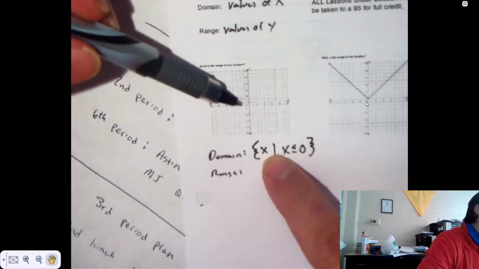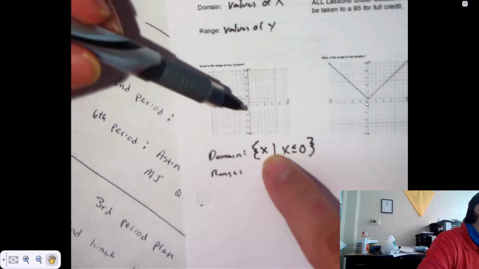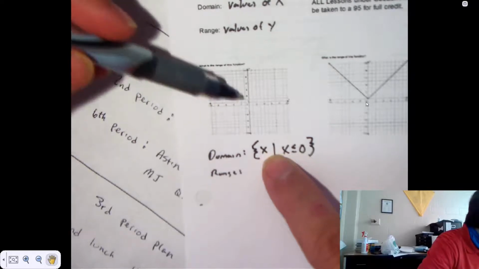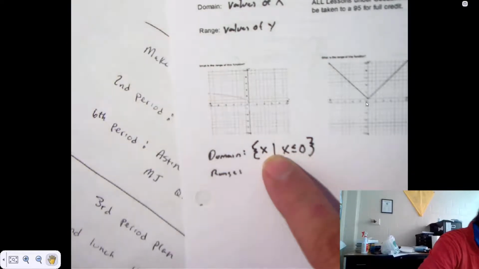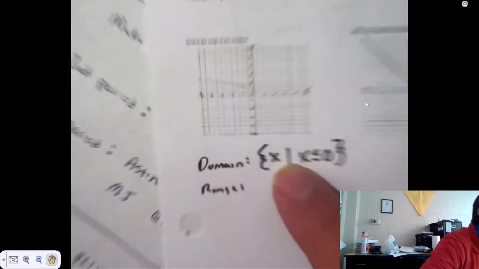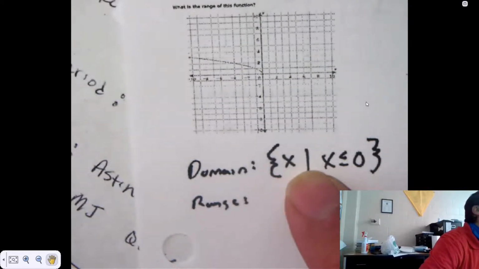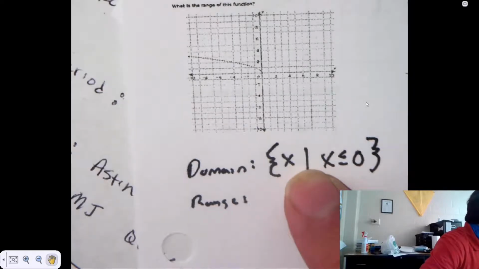When it comes to range, we think about our y values. What's the lowest value that y actually achieves? Does it achieve 0? I know it's kind of small. I was trying to save paper, believe it or not. Does y achieve the value of 0?